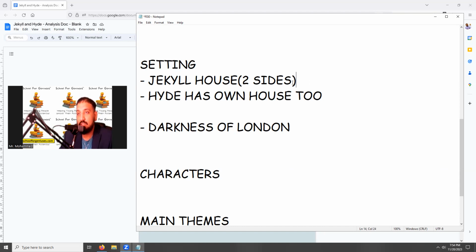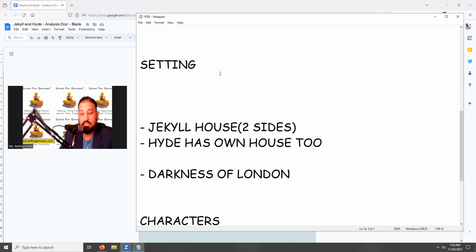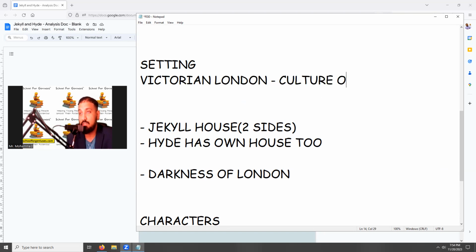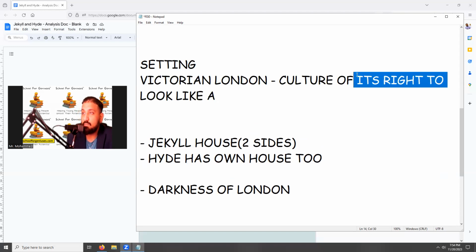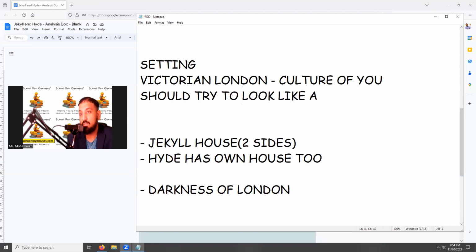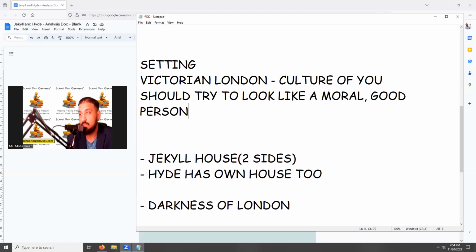What you need to know about the setting is that the primary setting is Victorian London, which has a culture of, I don't want to say keeping up appearances, but a culture where you should try to look like a moral, good person.